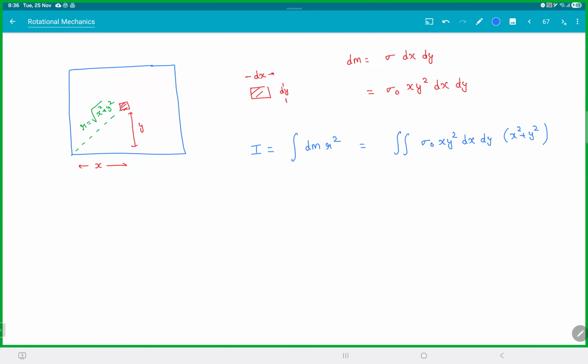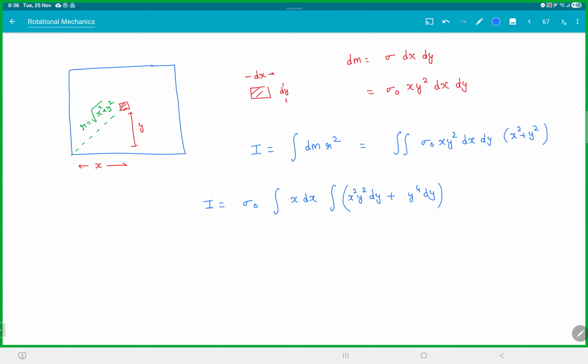So now how do you integrate this? Sigma naught is anyway constant, push it out. Integral, bring all x to one side, that will be x dx. Integral, you have x square y square dy plus y power 4 dy. So when you're integrating with y, x is constant, and then you integrate with x separately.